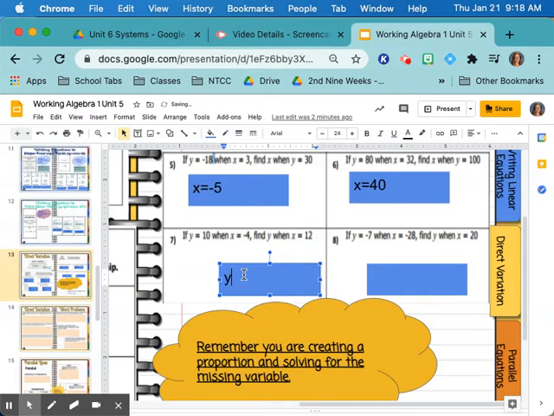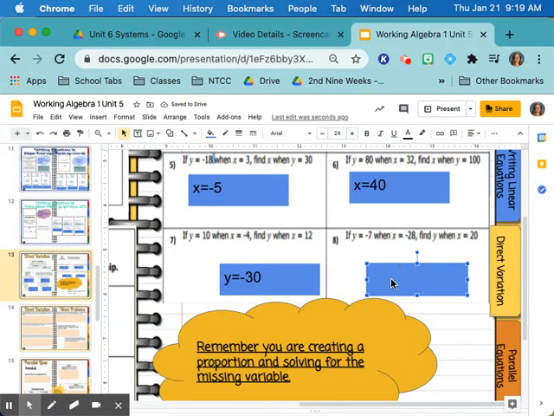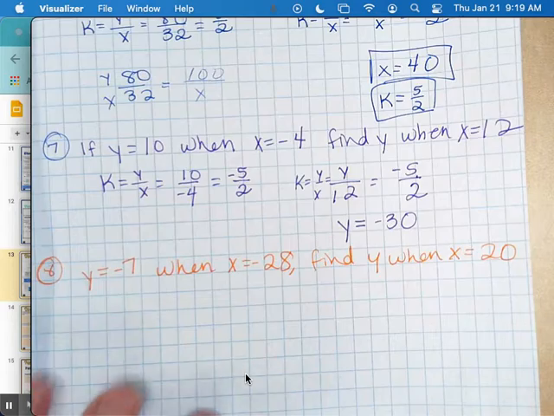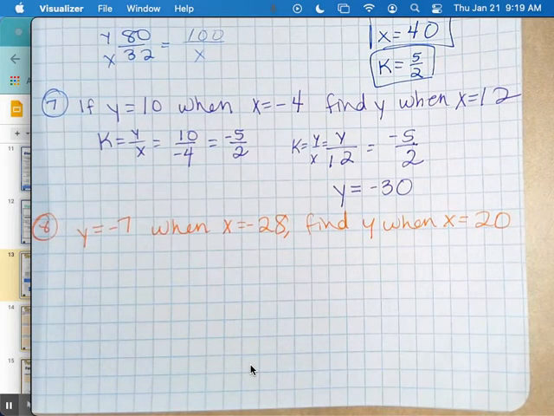Okay, so this time it's y equals -30. Okay, the last one. Let's do our last one. y equals -7 when x equals -28. Find y when x equals 20.